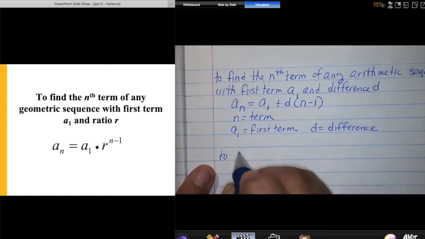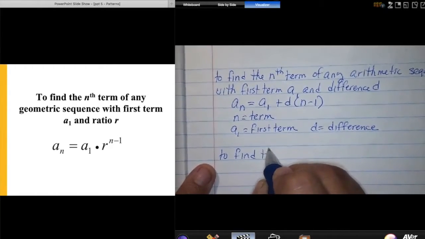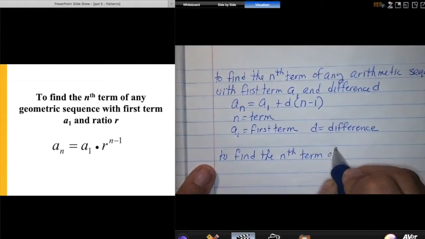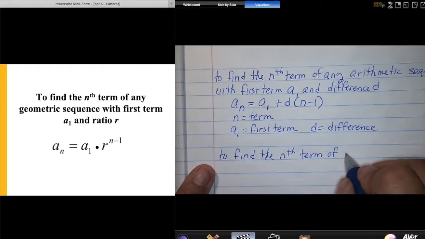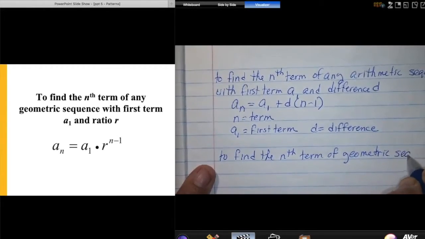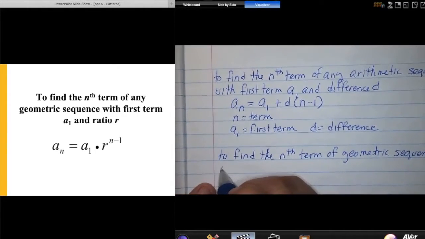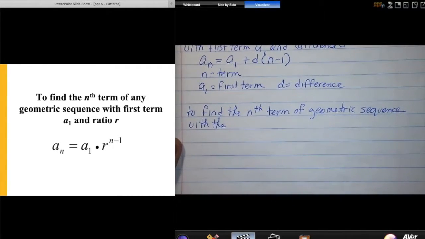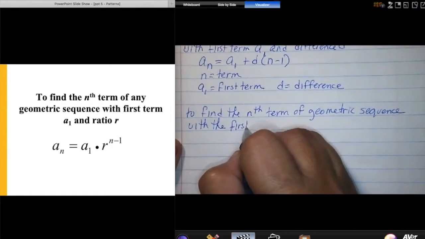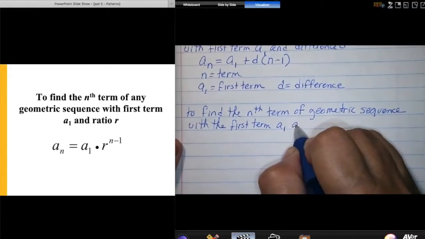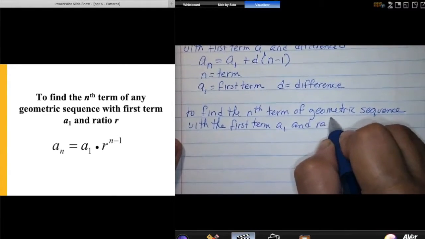To find the nth term of a geometric sequence, with the first term being a sub 1, and this time of course we have the ratio.